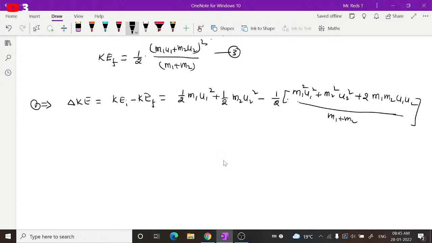This is the term. So again, by cross multiplying this term, you will get a little bigger relation.